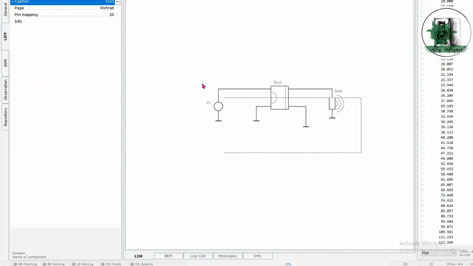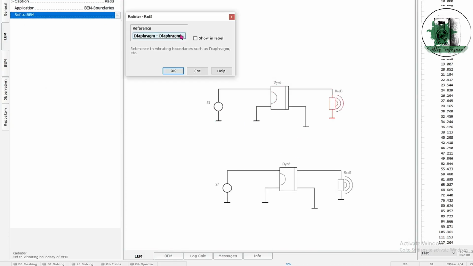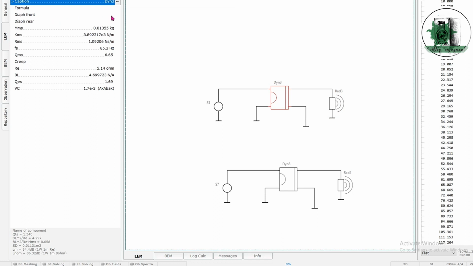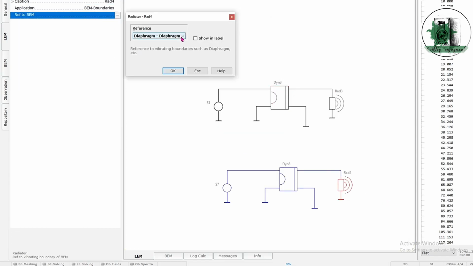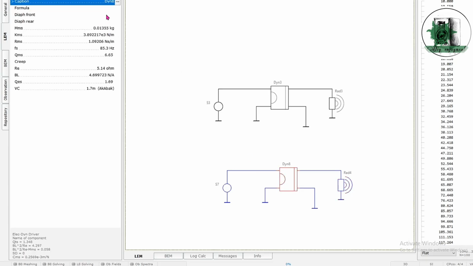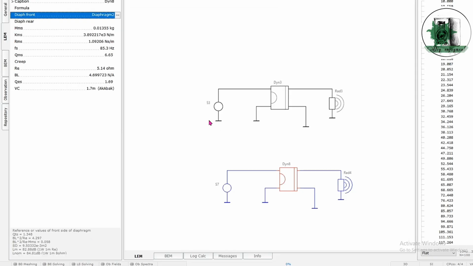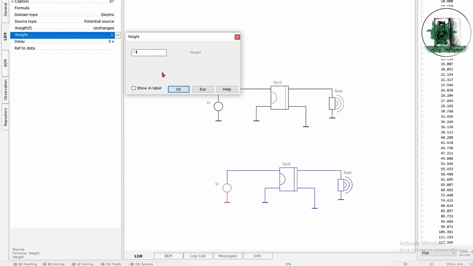We also need a second driver, which should be connected to the corresponding sections. Make sure to invert its polarity.